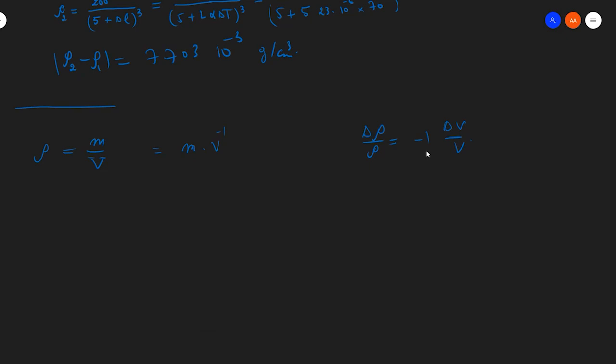You have this relation, delta rho over rho is equal to minus delta v over v. You can see it this way, or let's say it's the derivative of rho, d rho over dv. From your math, you know that rho is m over v, so the derivative is minus m over v squared, which is minus 1 over v times rho.